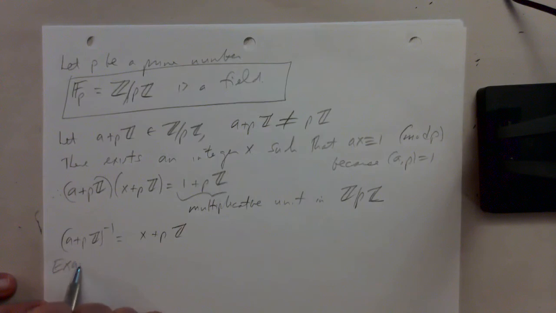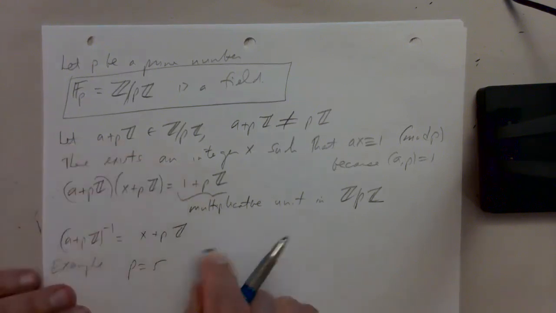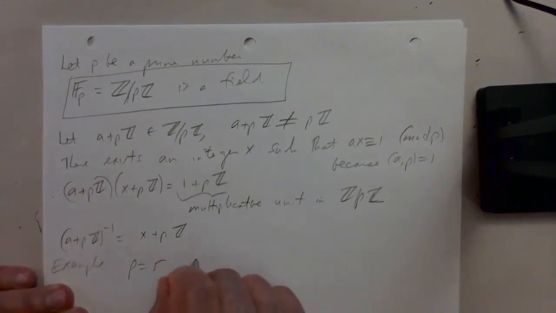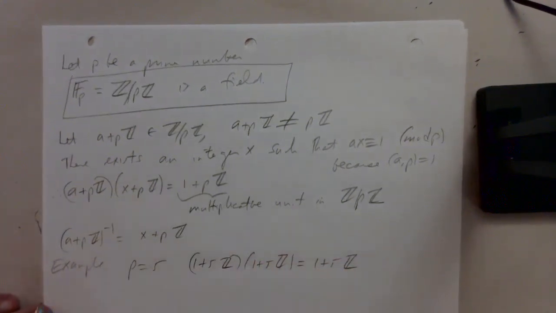Let's look at an example. Suppose I take P equal to 5. What are the inverses of all the elements? Well, 1 plus 5Z times 1 plus 5Z is 1 plus 5Z, so the inverse of 1 plus 5Z is itself.